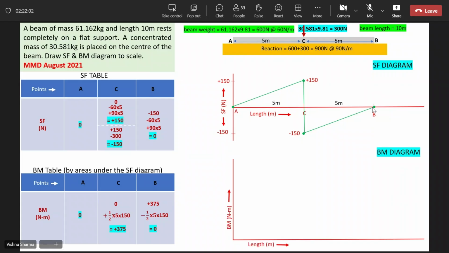The BM diagram, guys. Before I show what I have done here, if you have a problem, now 375 I have randomly marked. At C it is plus 375, and this 375 you can divide into 4 equal parts. The triangle from A to C is vertex to base, so at the mid base, it will be only 25% area, right?